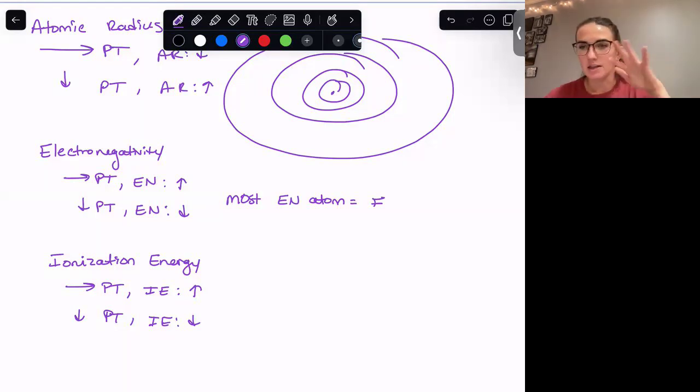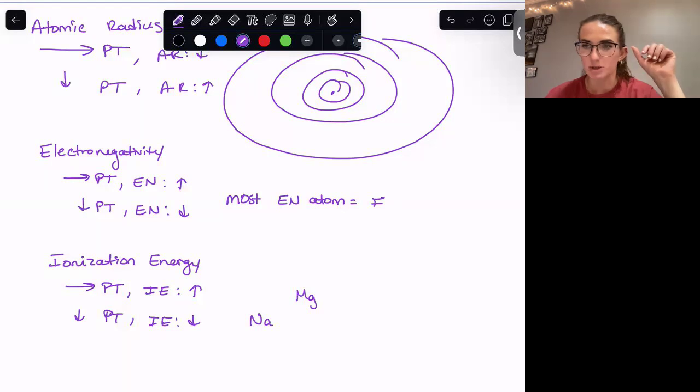As we go across, this is where we have a little bit of an exception. So let's say we'll do sodium, and then magnesium is going to be here, right? So 1, 2. And then it goes, because we now have completed our s orbital, right? Those two electrons are paired.